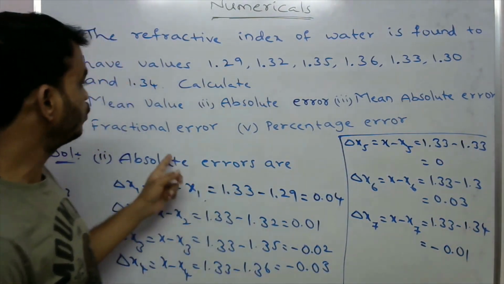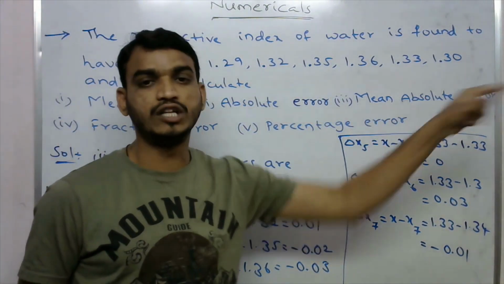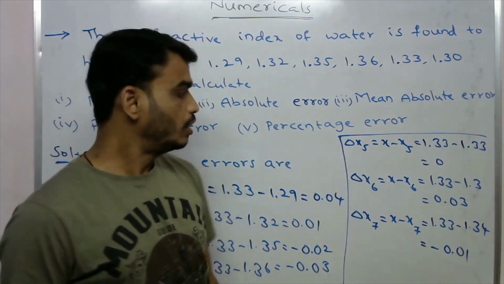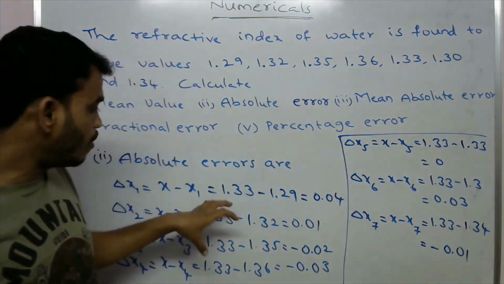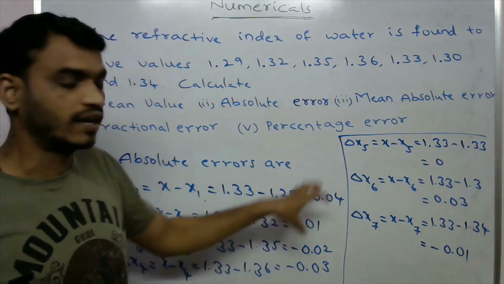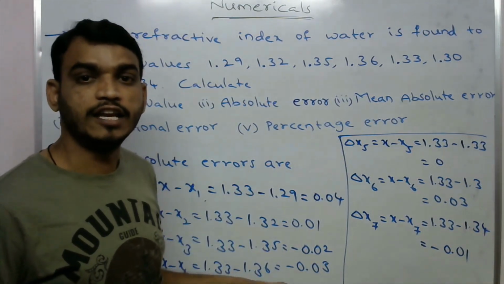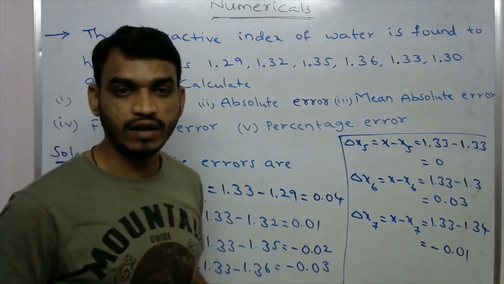Now the next one is the mean absolute error. The mean absolute error means the sum of all these absolute error values divided by the number of absolute error values.